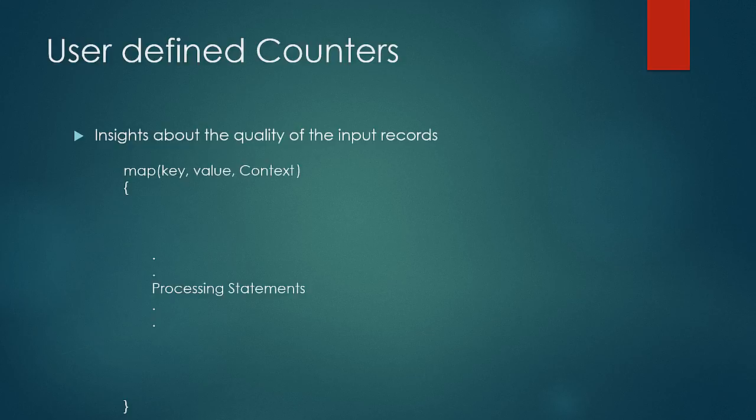It is always recommended to wrap the processing logic in an if clause and check if the data record is in the proper format. If it is not, it should increment a counter, so at the end of execution, the user would be able to see what percentage of the records have fallen into the bad category and whether the result produced is actually depicting a large portion of the data.